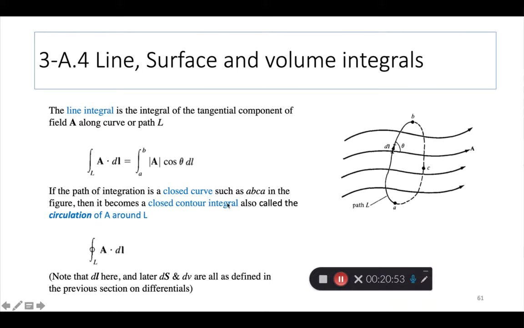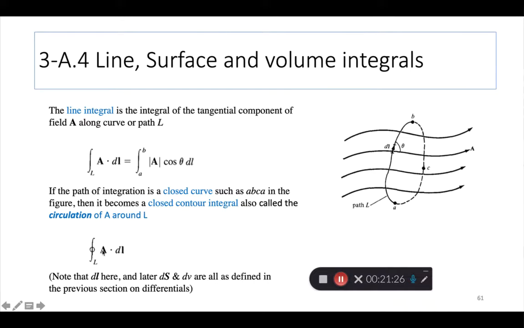Now if the path of integration is a closed curve, right, so we talked about AB. Now if you go through A, B, C and then back to A, it's a closed curve. If the path of integration is a closed curve such as ABCA in the figure, then it becomes a closed contour integral, which also has another name called the circulation of A around L, and that is written like this.